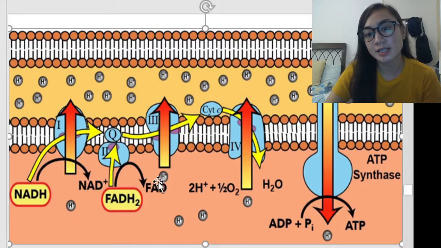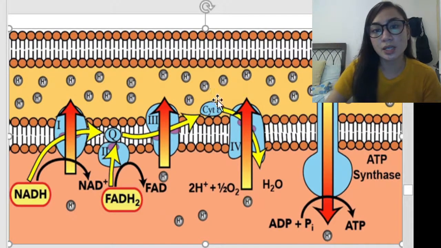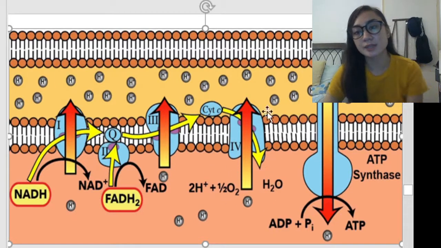No, galing yan sa FADH2 or from other reactions na nandito sa matrix. And then, yung electrons natin, dadaan siya kay cytochrome C, another carrier. Si cytochrome C, dadaan sa complex number 4, yung electrons, ida-drop off niya dito sa ating matrix.